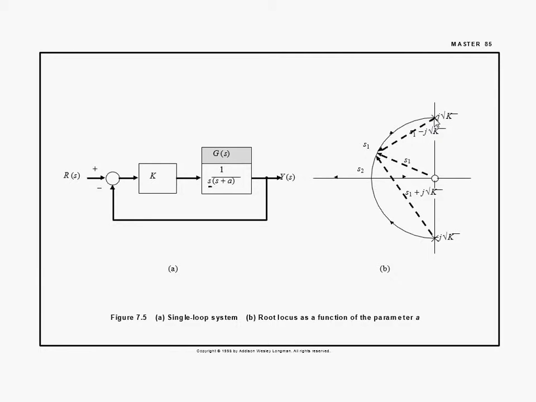This is the plot of all the roots. So you will have one at -a like this, and then you'll have one over here. Do you see what I'm trying to say?